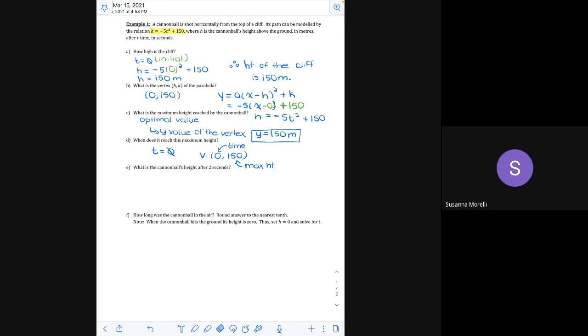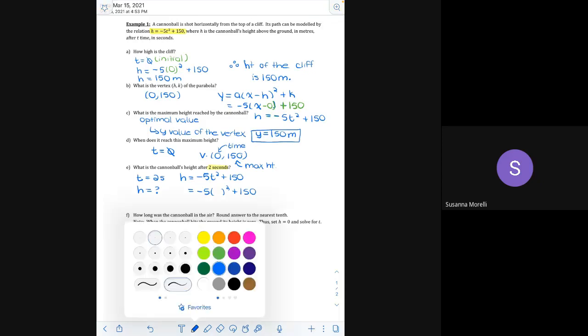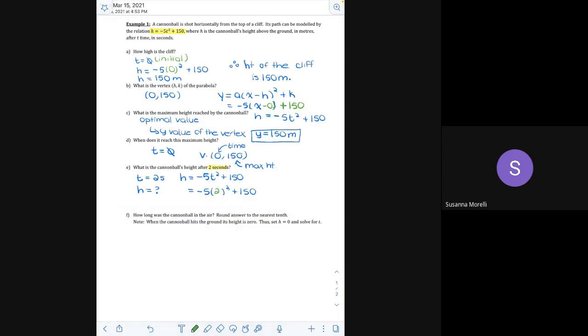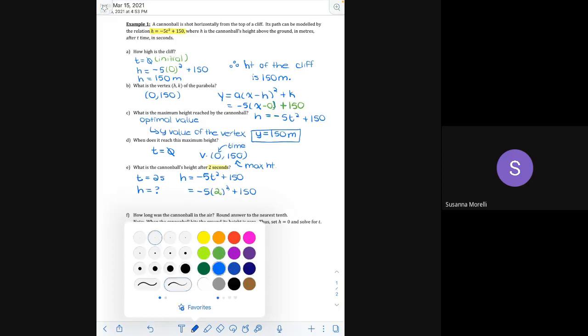Okay, what is the cannonball's height after 2 seconds? All right, so here they're saying if t is equal to 2, what is h? Well, we got the equation. So what we're going to do is we're going to sub in 2 in place of t. Again, do some number crunching.